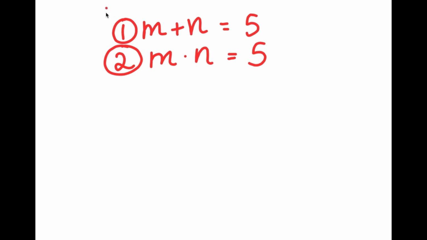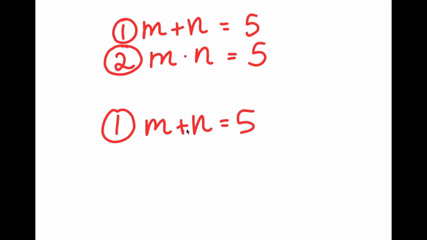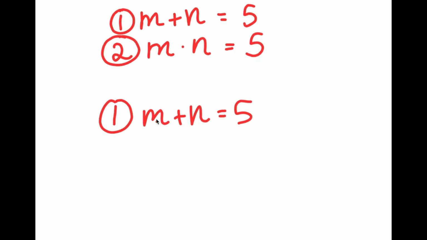So my first equation is m plus n equals 5, and what I'm going to do is rewrite this so I get the value of just one of these variables. I can choose any one. For the sake of this video, I'm going to choose m. So to get the value of m, I have to get rid of n by subtracting n on both sides.